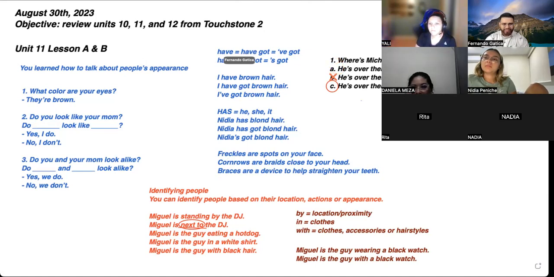Recuerden que para identificar a personas tenemos que usar el verbo ing. Entonces, a la A solo le faltaba ing y hubiera sido correcta. He's over there standing by the door. Y a la B solo le faltaba el to. He's over there standing next to the door. Little details that make you sound good or bad.